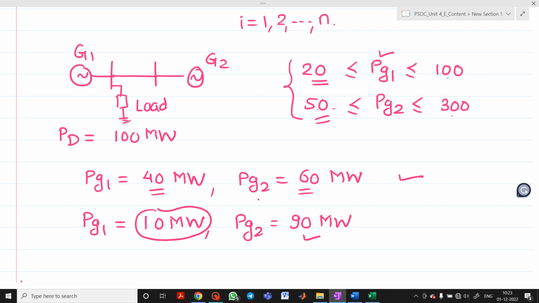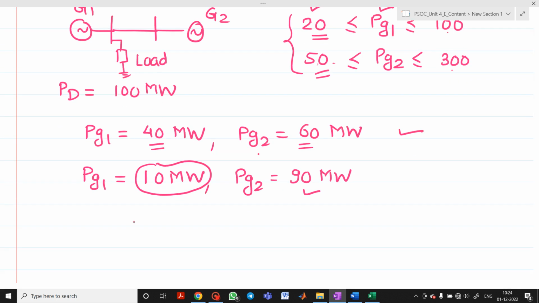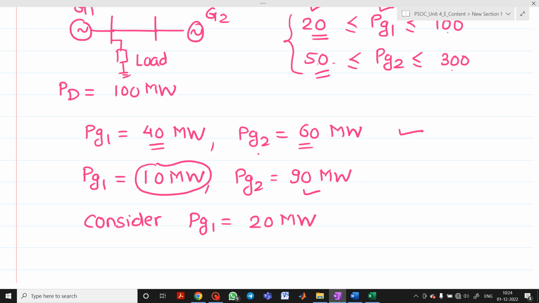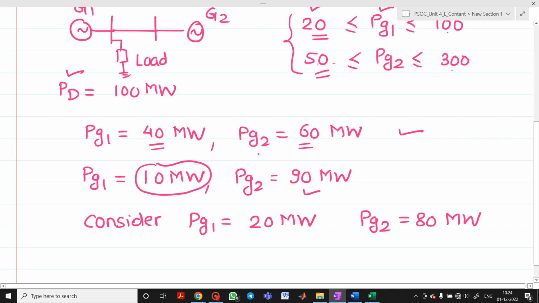It produces 10 megawatt, but G1 will produce a minimum of 20 megawatt only, below which it will not go. So in that case, instead of producing 10 megawatt, PG1 is going to produce the minimum power, which is 20 megawatt, and for fulfilling this demand, the new value of PG2 will be 80 megawatt.